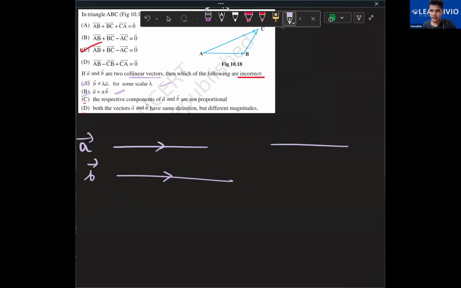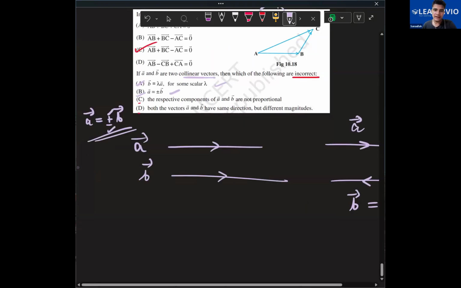And if this is your A in this direction and this is your B, and B is minus of A, for the plus case and for the minus case, both the things are right. So this is not incorrect. है ना? This is correct. Is it clear?